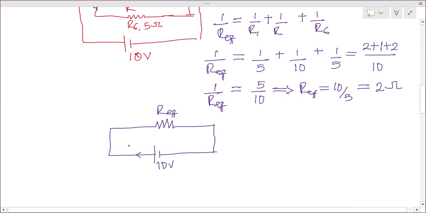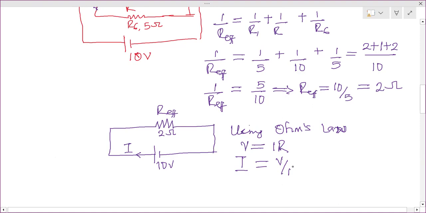We are looking for the current I in the circuit. The value of R is 2 ohms. Using Ohm's law, V equals IR, where I is equal to V over R. V is 10 and R is 2, which gives us 5 amps. So the current that flows through the circuit is 5 amps.